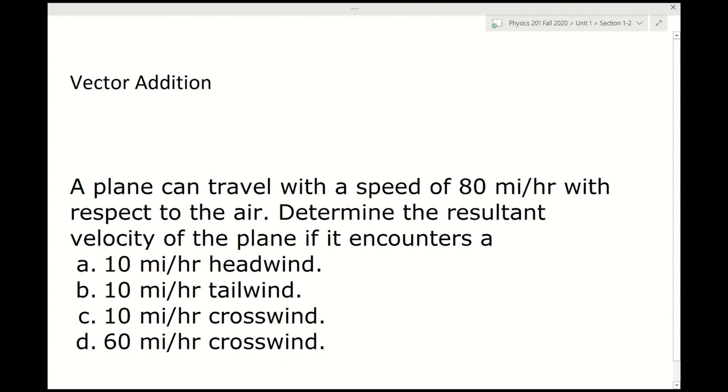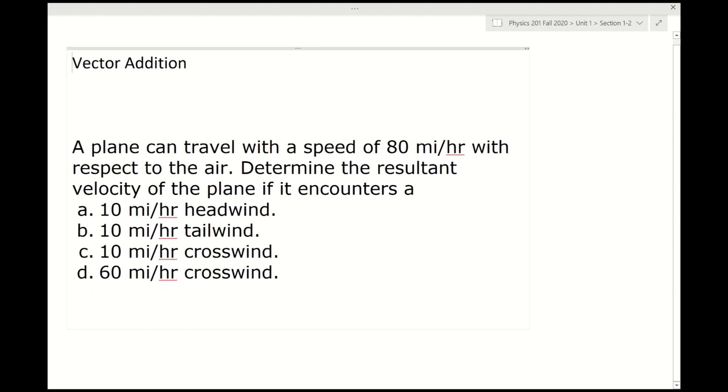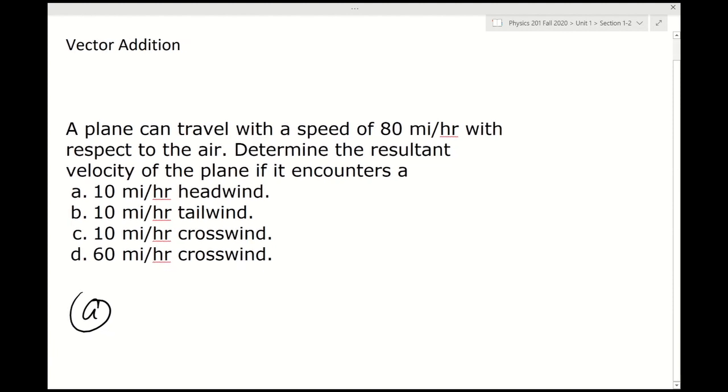When we're adding vectors, if it's one dimension, it's not too bad, because we end up with, in this case, 80, and since this is positive, I'm going to say it's to the right, 80 miles per hour.